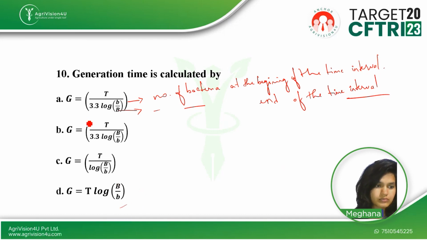This generation time is basically the multiplication usually calculated for microorganisms. So the right option is option A, that is G is equal to T by 3.3 log of small b by capital B. So this is the right option.